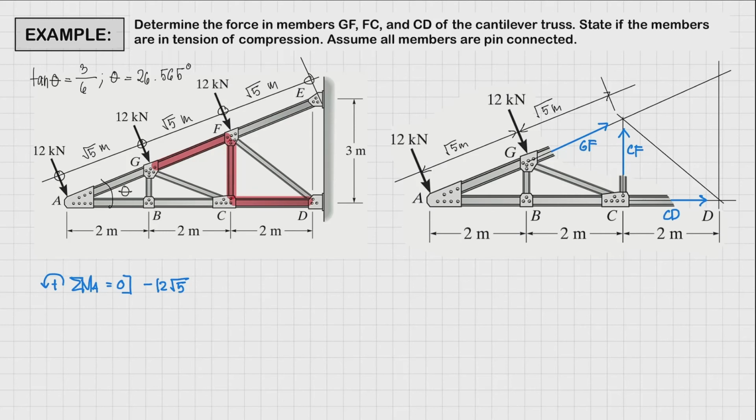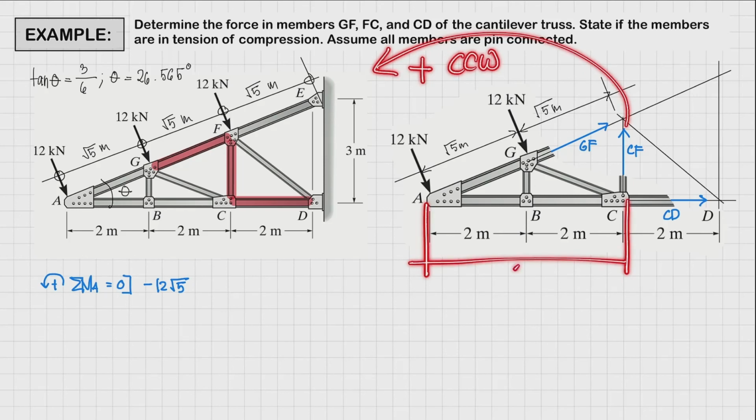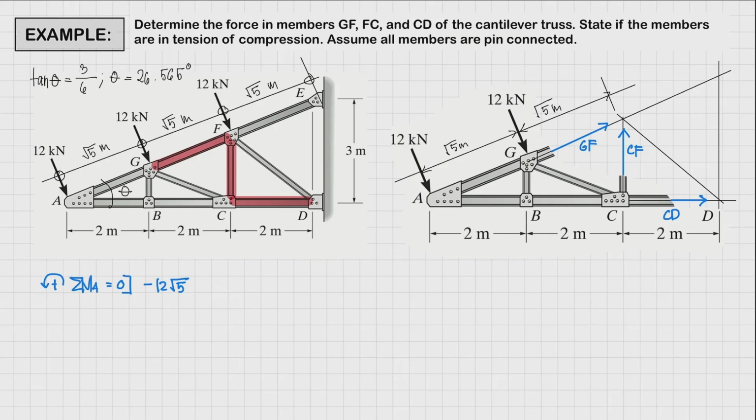Alright. Next, we have CF, and it's going to rotate on a counterclockwise manner, so that's going to be positive. And the perpendicular distance is going to be 4 meters. Right? So that's positive CF times 4 meters. And the whole thing must be equal to 0.